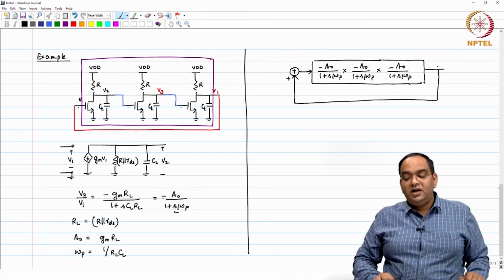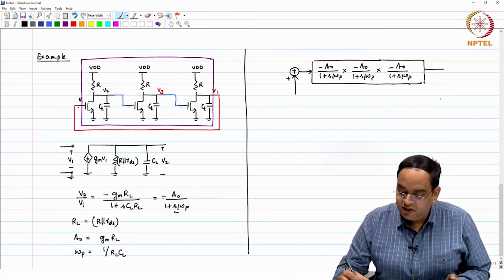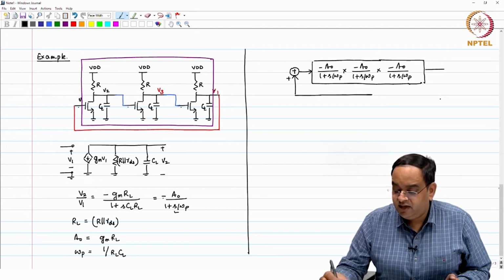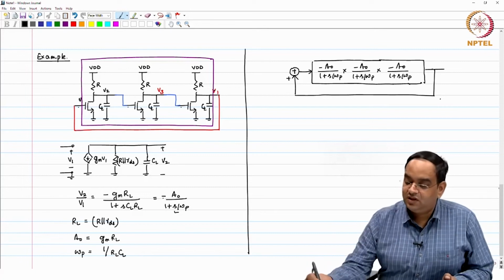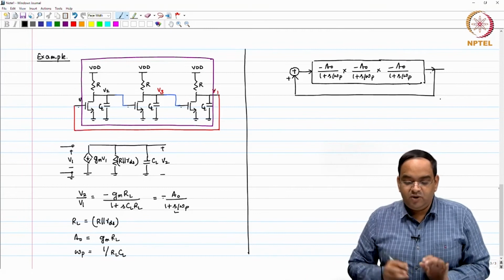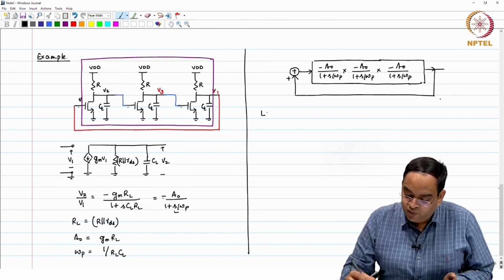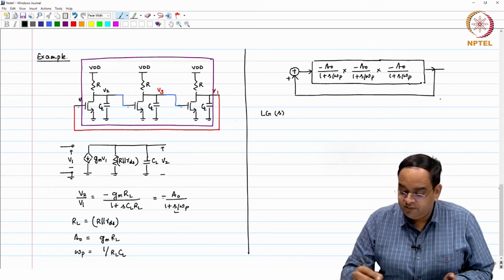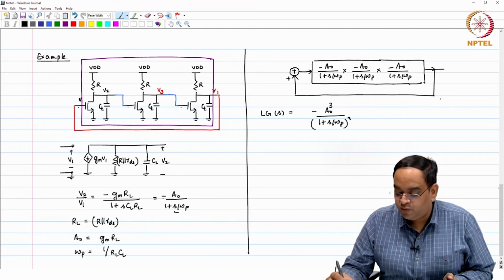Okay. Now, for this particular system, let me just draw it a little nicely, like this, right. We could have picked any particular point, but this is what we are looking at. So, here the loop gain of this system is minus A naught cube divided by (1 plus s by omega p) whole cube.